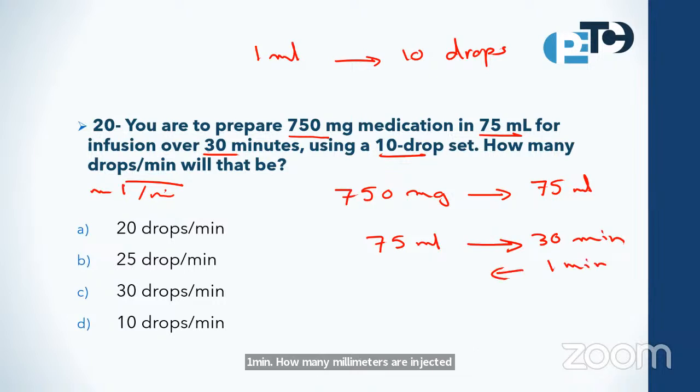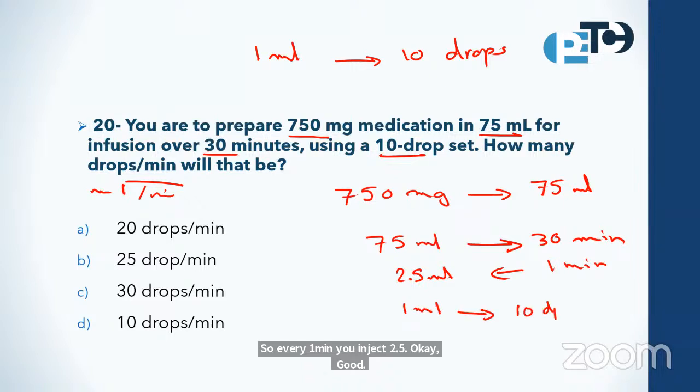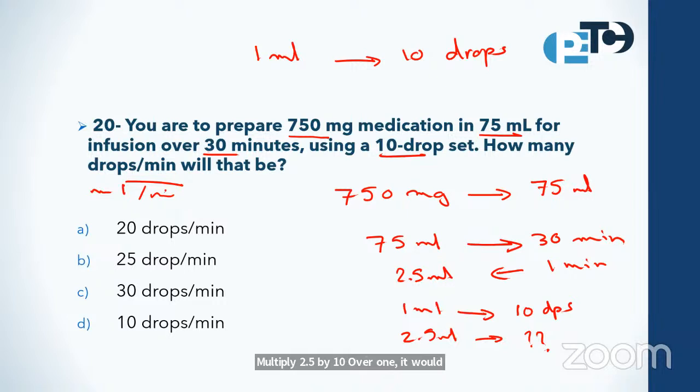Divide 75 over 30, it would be 2.5 milliliters. So every minute you inject 2.5 milliliters. Every 1 milliliter corresponds to 10 drops, so for 2.5 milliliters, multiply 2.5 by 10 over 1, it will be 25 drops per minute. Okay, is it clear? Yes, sir.